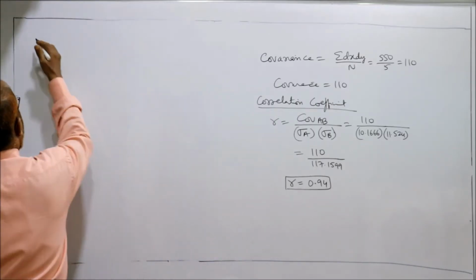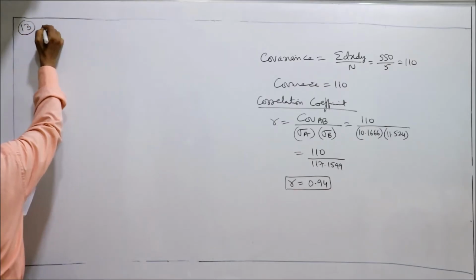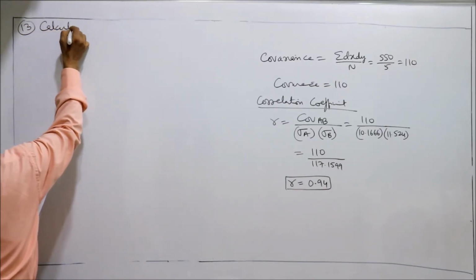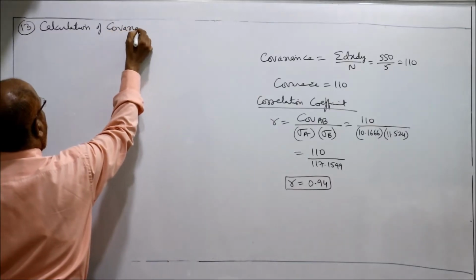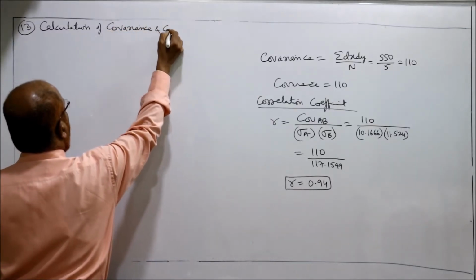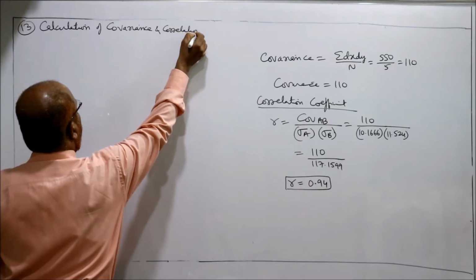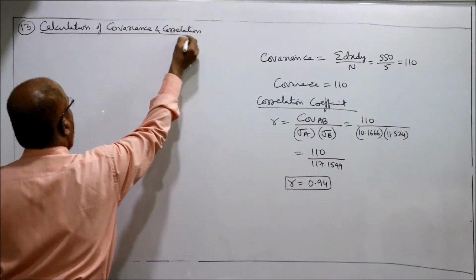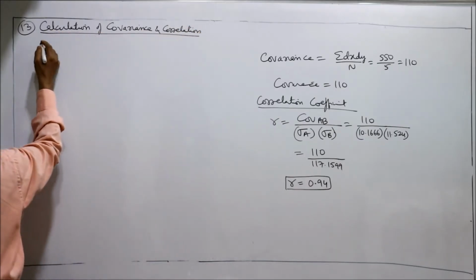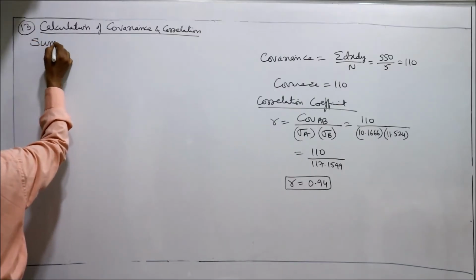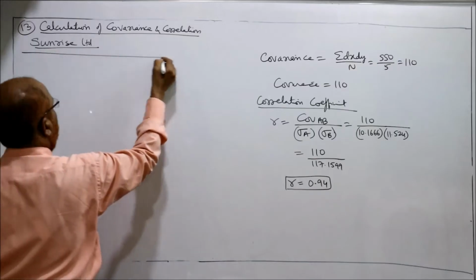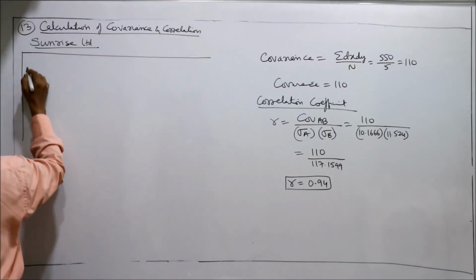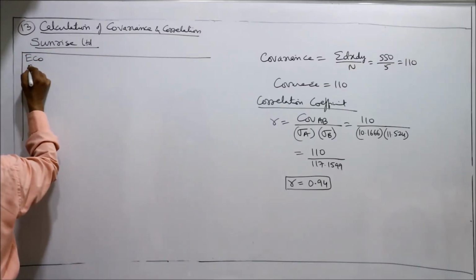Now 13th problem I am writing here. Calculation of covariance and correlation. So we have to calculate the covariance and correlation. First company is Sunrise Limited. First column economic conditions.